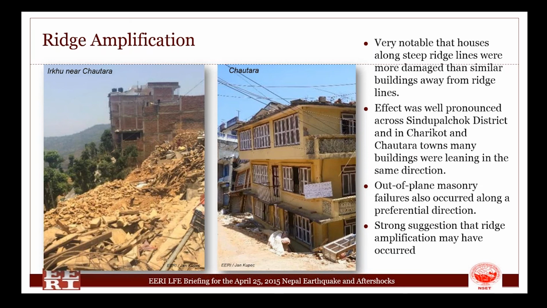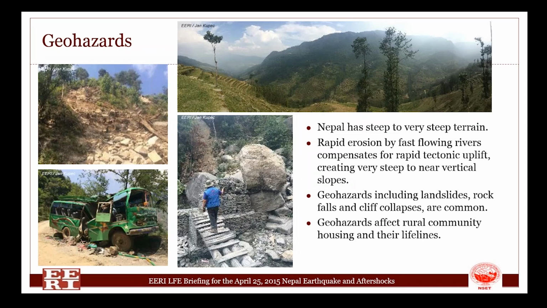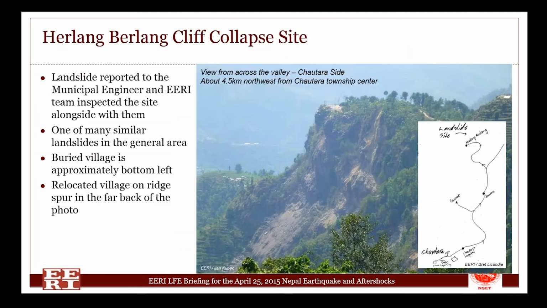Looking at geohazards, Nepal is very mountainous. The terrain is very, very steep and prone to geohazards. The typical landslide and rockfall impacts were numerous. Two examples I chose: the Tamakoshi River landslide and the Helang Belang cliff collapse site.